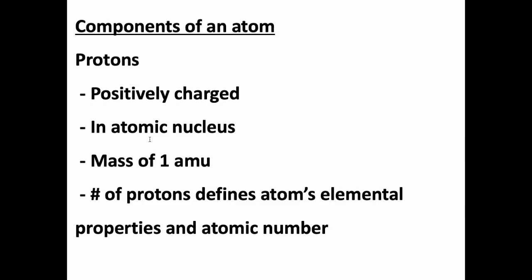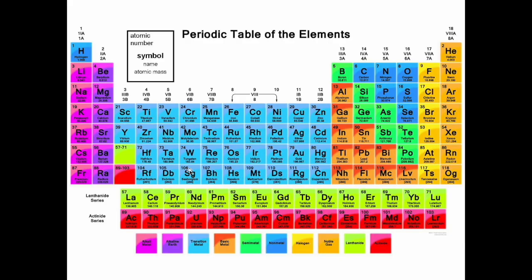So, these are their properties, but what does the proton actually do? Well, the protons define how an atom behaves. Hydrogen is hydrogen and does hydrogen things because it has 1 proton. That's the number in the corner up here. If it had 7 protons, it wouldn't be hydrogen anymore.